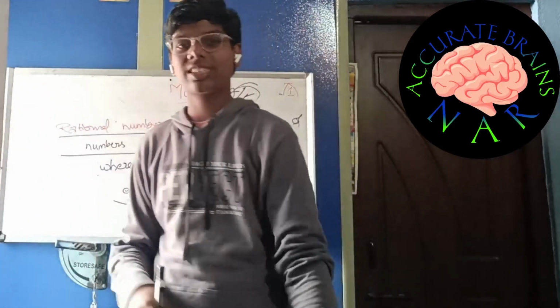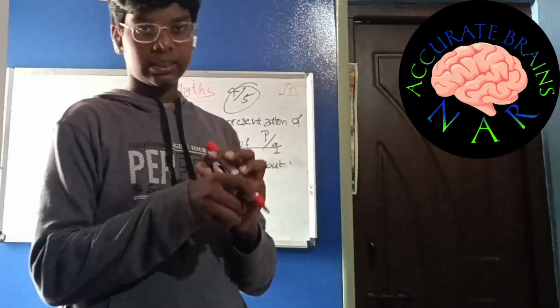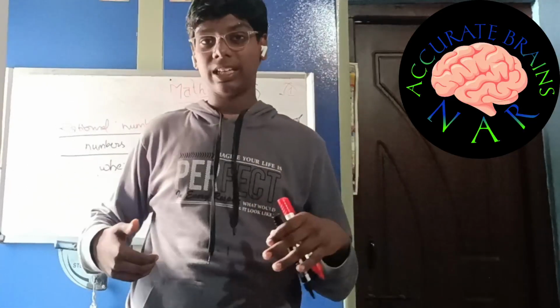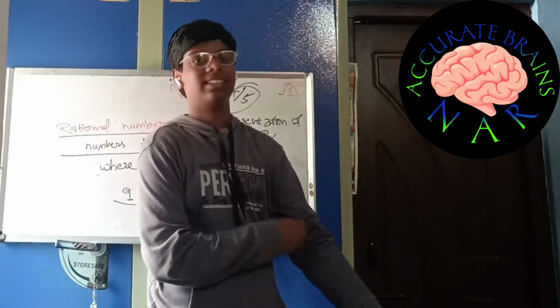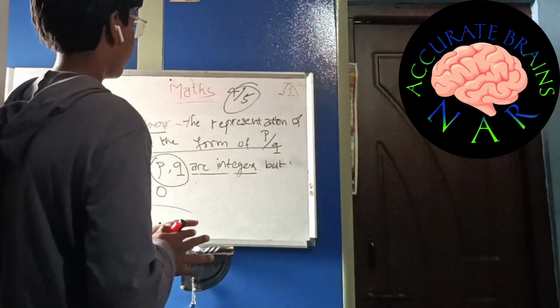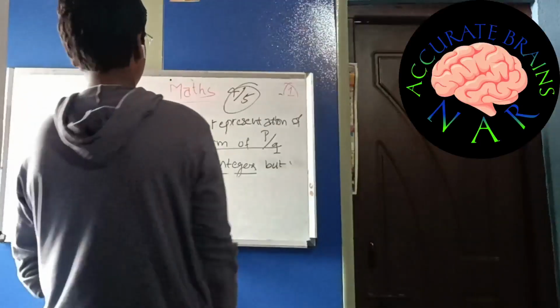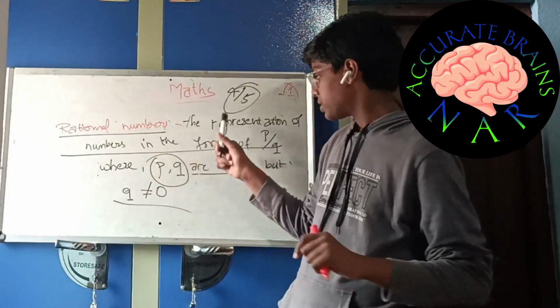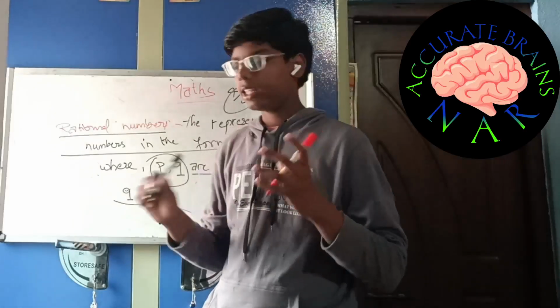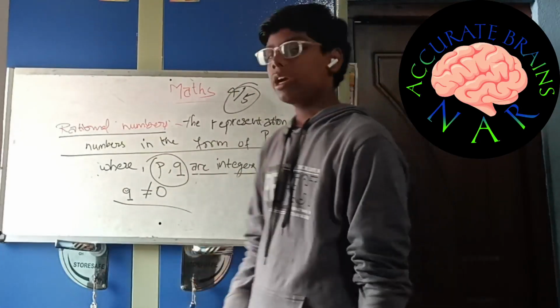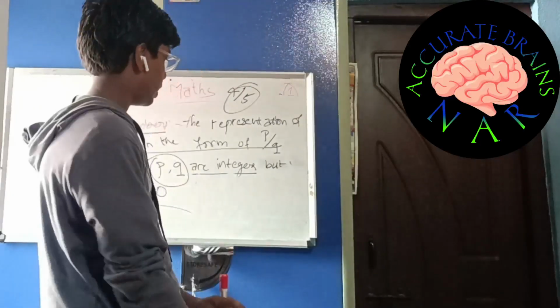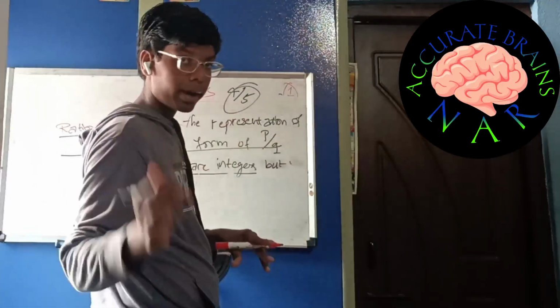Some accurate brains might have understood, but some brains like me don't understand that, so here we go deeper. Representation of numbers in the form of P by Q. Here P by Q is nothing but division of numbers, you might think, right?